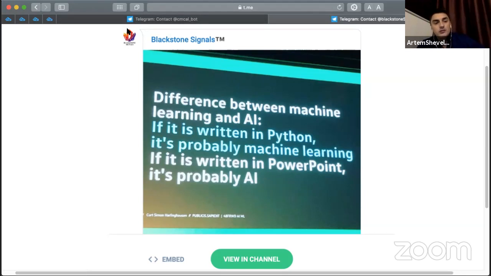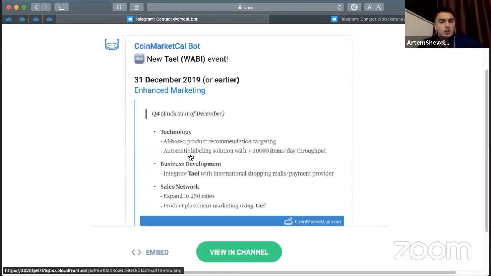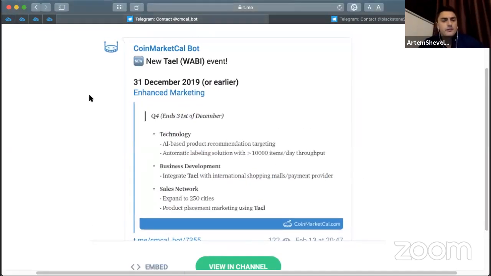Today I found the news about the WABI coin. You know, this coin, a lot of times we had signals about WABI, and I just found that they are trying to update their roadmap, and in Q4 of 2019, they will make AI-based product recommendation targeting.